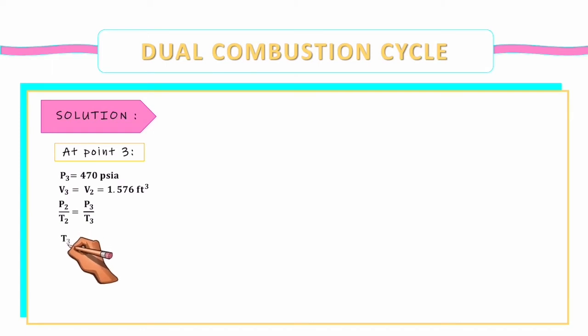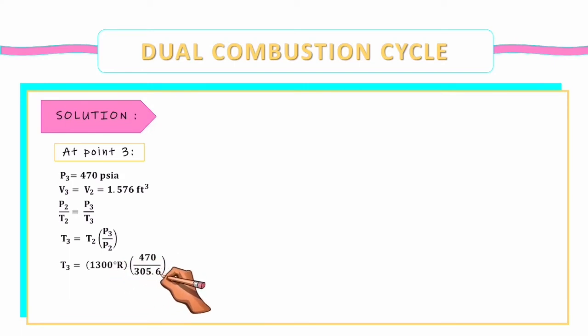So, T3 is equal to T2 multiplied by P3 over P2. Substituting the values, T3 is equal to 1300 Rankine multiplied by 470 over 305.6. Therefore, the temperature at point 3 is equal to 1999 Rankine.